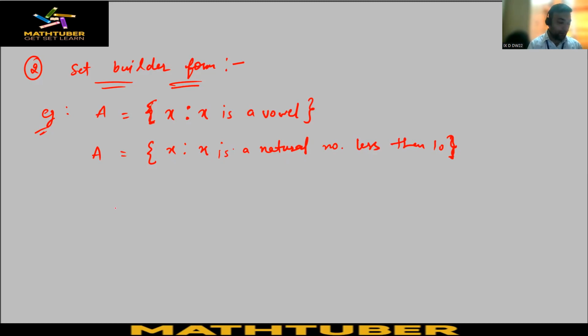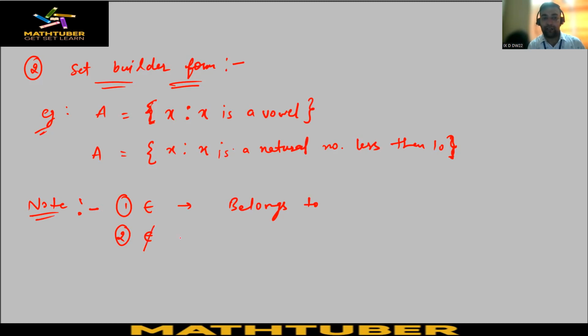Now there are a few symbols which we have to learn in this. So the symbols are, first is this one, which means belongs to. If an element belongs to a certain set, then we can use this symbol.